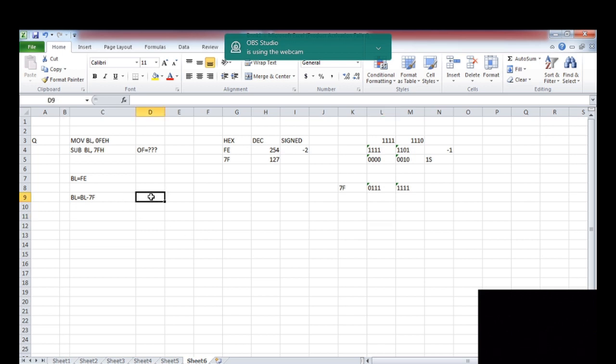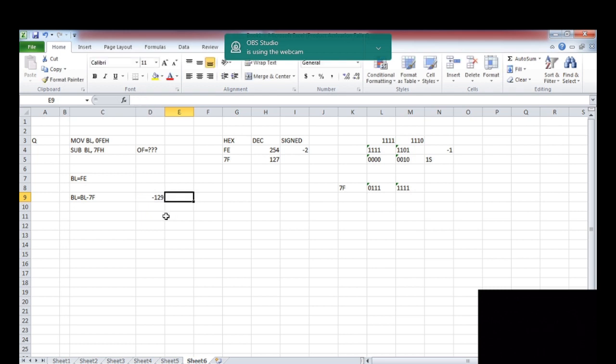So BL content is FE. FE means minus 2. So it will become minus 2 minus 127. Okay. So definitely it is minus 129.